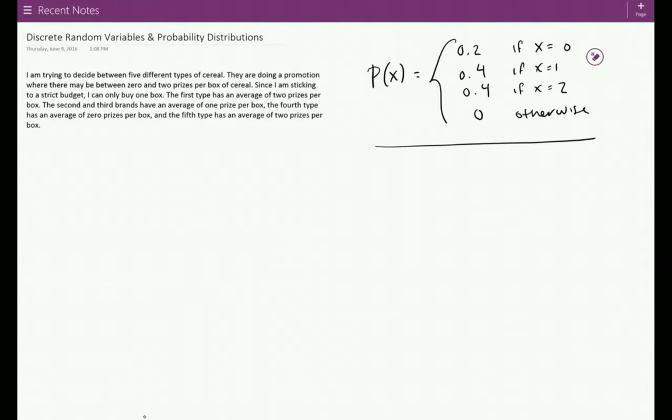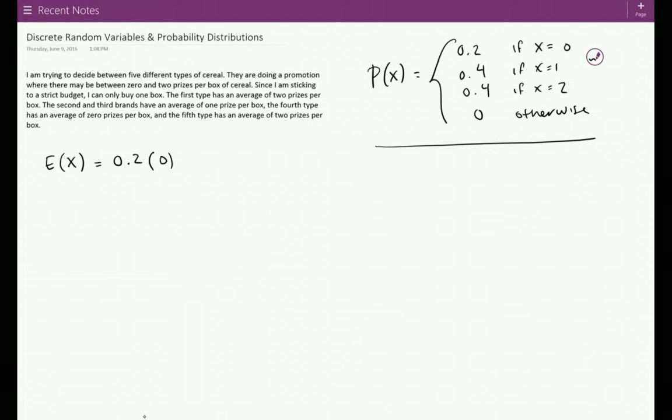Now we can calculate all three quantities, expected value, variance, and standard deviation for the previous example. I've left the PMF up here for us to reference in our calculations. We'll start with the expected value. In this case, we will take the probability of an outcome occurring multiplied by what that outcome is.